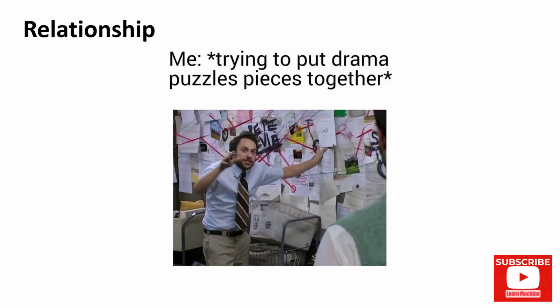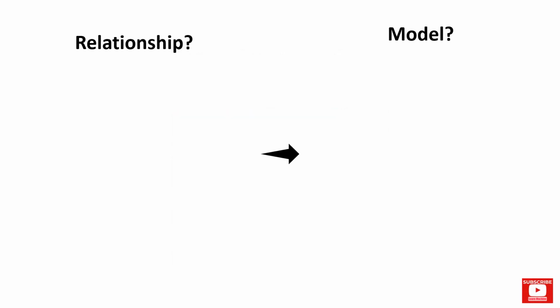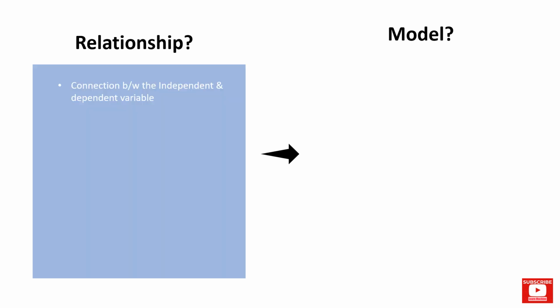In short, let's put it all together. If we know about the concept of relationship, it can help us choose the model which I need to proceed with. Relationship is the connection between the independent and dependent variable. A relationship will have three aspects, that is number of variables, direction, and the quantity.